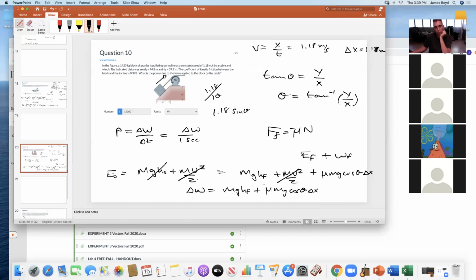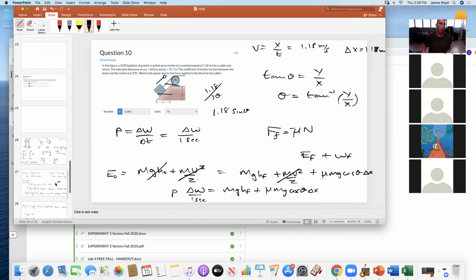And so what you end up with here is taking this and dividing it by 1 second will give you the power. But that's just doing the energy initially, the energy when it rises to the top, and adding some work for friction to the final energy. I hope that's not too hard to understand.